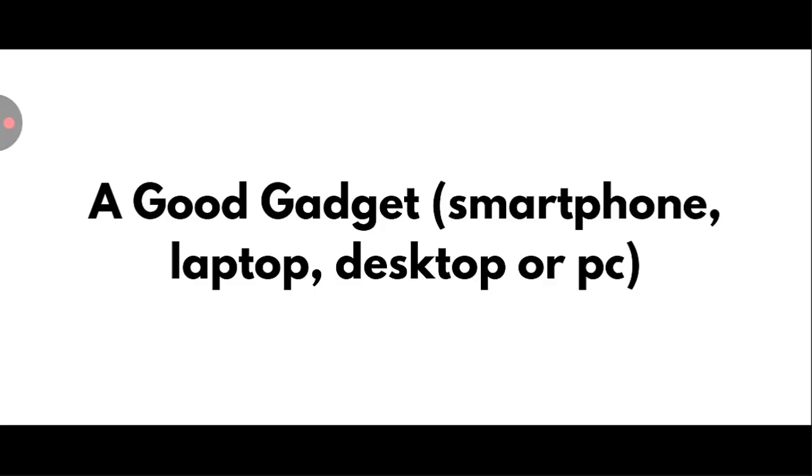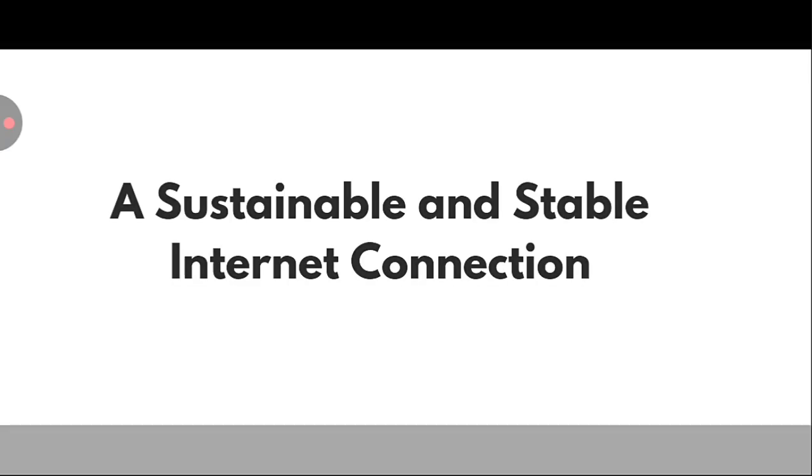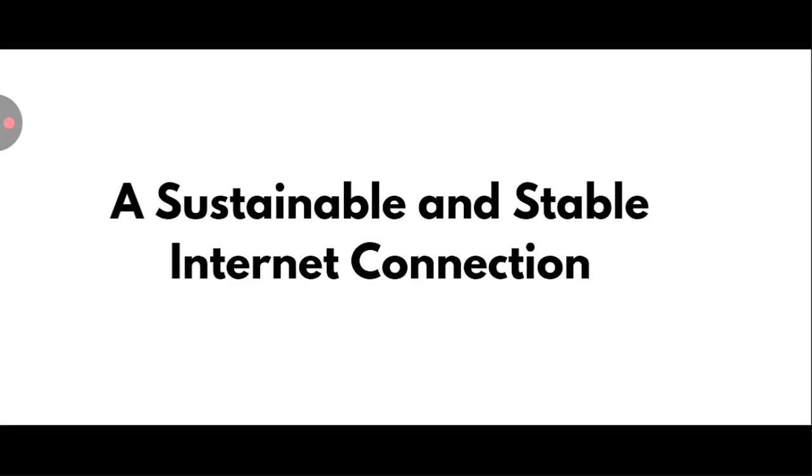The next thing you need as a trader is a sustainable and stable internet connection. I want you to note the keywords: sustainable and stable internet connection. As a trader, most of the things you do are online.